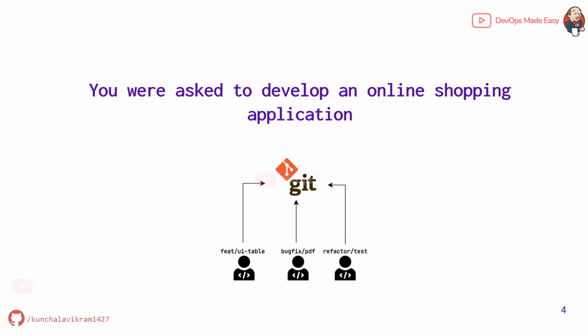So what generally we do, we create a GitHub project, and then we add all the collaborators. If there are three developers working on three different features, all of them have to be added as collaborators, so that they will also get push rights to the project.